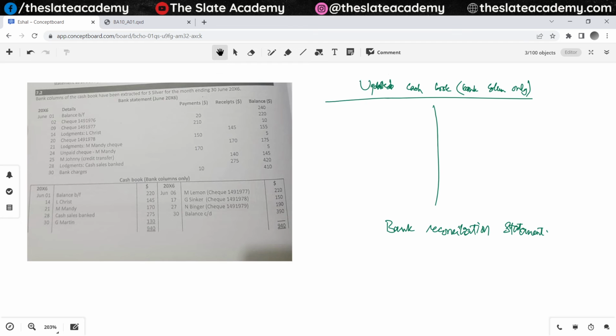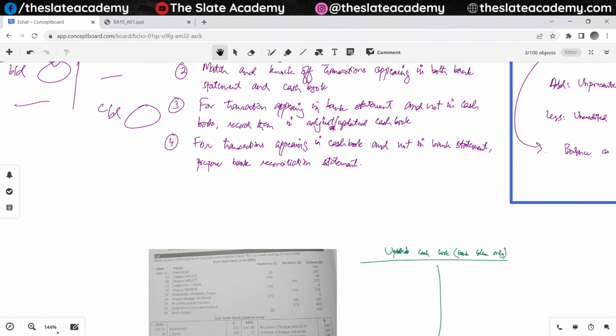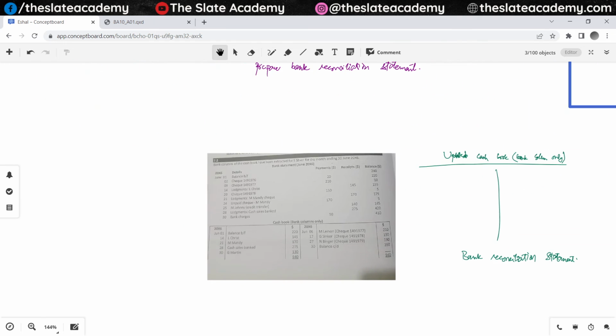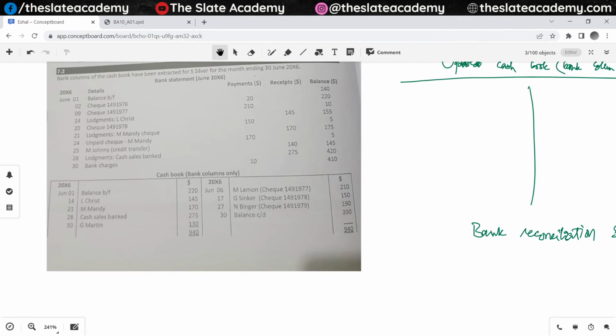Now the steps were, step number 1, we have to match the opening balances of bank statement and cash book. Balance brought forward for bank statement is 240, and then there is a check paid and it becomes 220.